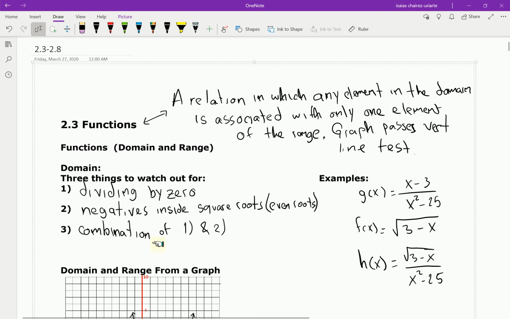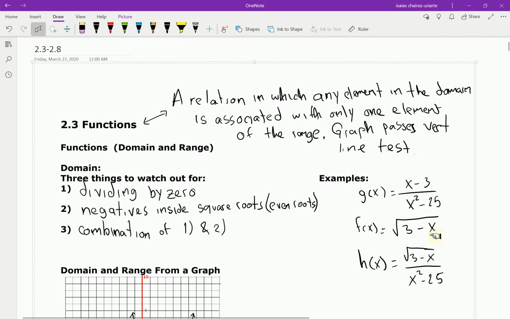And another thing to watch out for is maybe a combination of dividing by zero and negatives inside even roots. So for example, here I have a function g of x. What I would want to be looking out for here is what are the values of x that make the denominator 0? Those are not part of my domain.